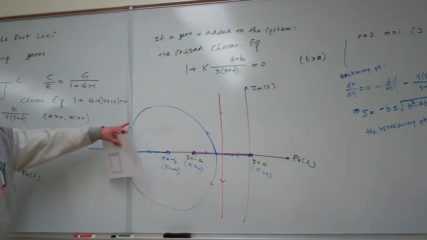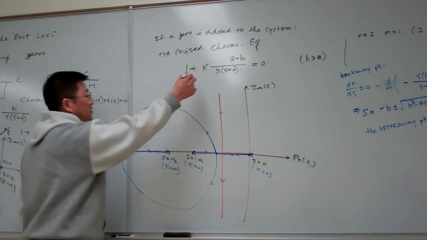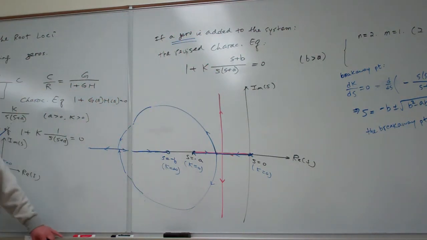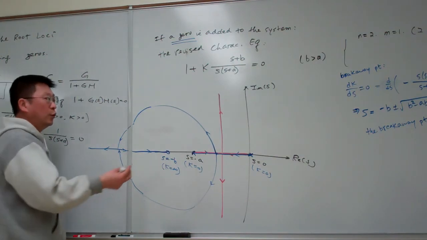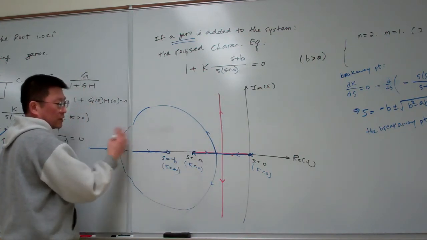Again, the blue line represents the revised root locus, the root locus for the revised system, where we simply added a 0 here. When a 0 is added, it has a tendency to pull the root locus of the original system toward the left side.